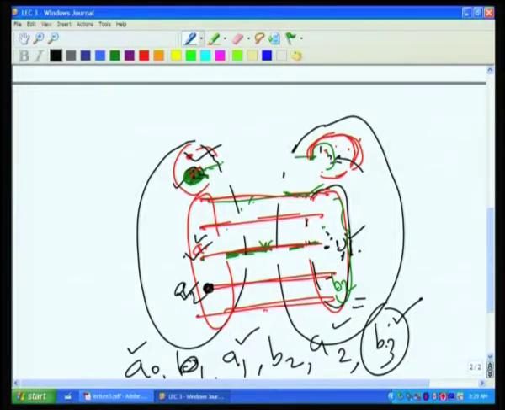If B3 is connected to A1, then as before we have an augmenting path from A0 to B1, B1 to A1 and A1 to B3. If B3 was connected to A2, then we have an augmenting path like A0 to B1, B1 to A1, A1 to B2, B2 to A2 and then A2 to B3. So, that will be a slightly longer augmenting path.